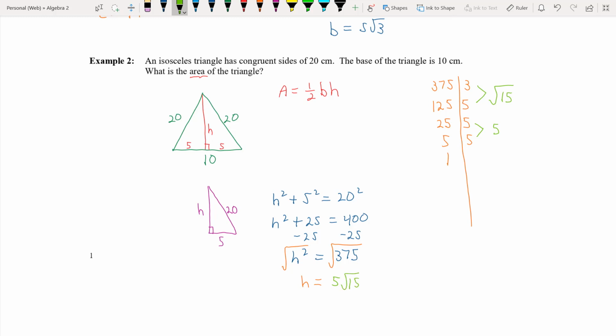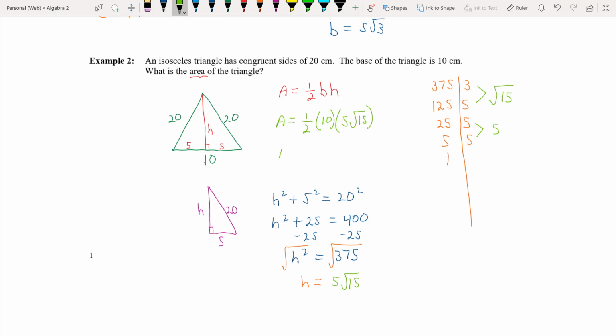Now that I know H, I can come back up to my formula, and I can do A equals 1/2 times the base. Now don't use the base on the purple triangle over here. Use the base on the original triangle. That's 10. And the height, which is 5 square root 15.